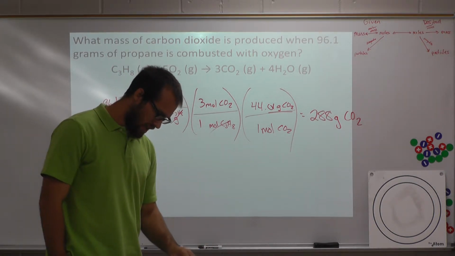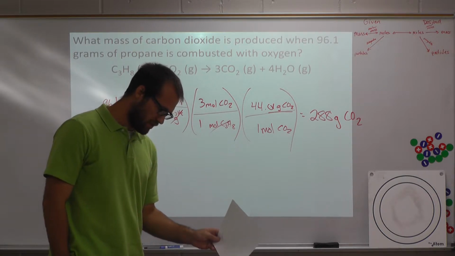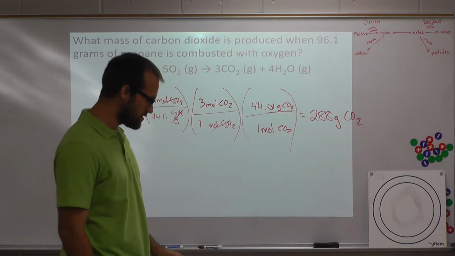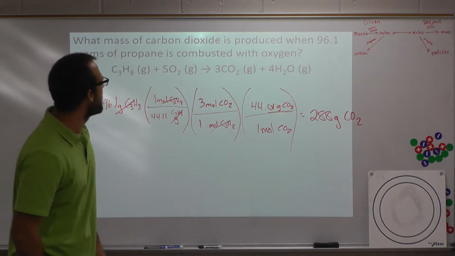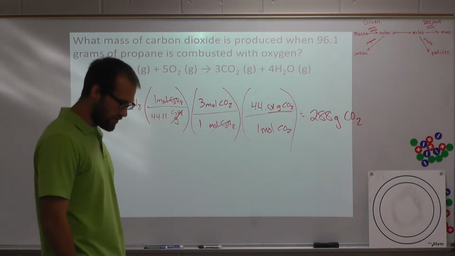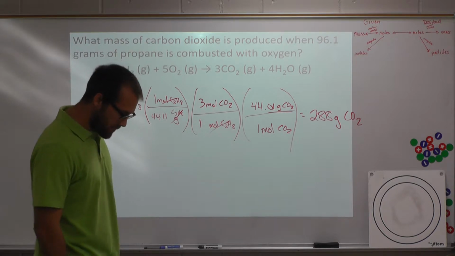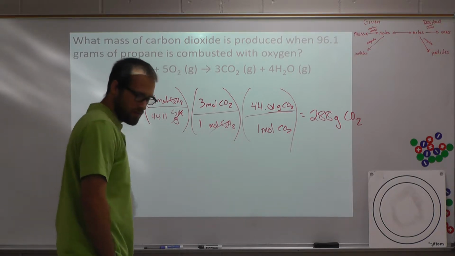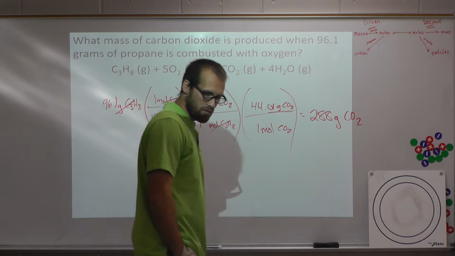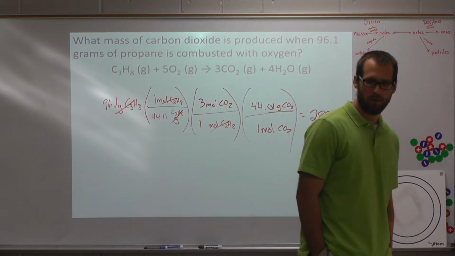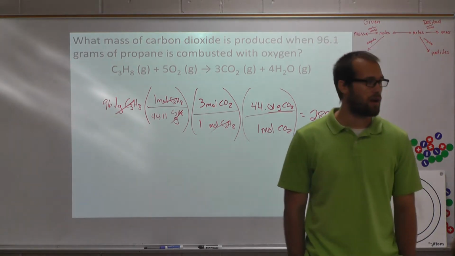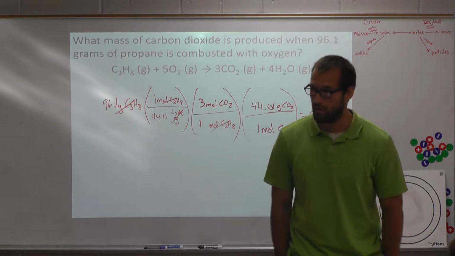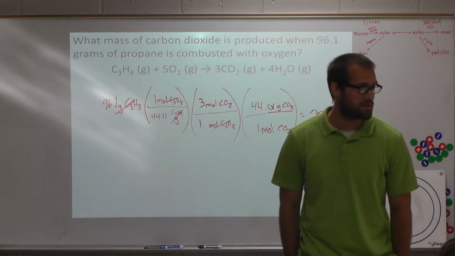I would really like to throw one where you convert to particles, but they don't do that. If I wanted to know how many particles of water vapor would be produced, actually, why don't we do that? The last problem, instead of figuring out mass of H2O, figure out how many particles of H2O there would be. Does that make sense?